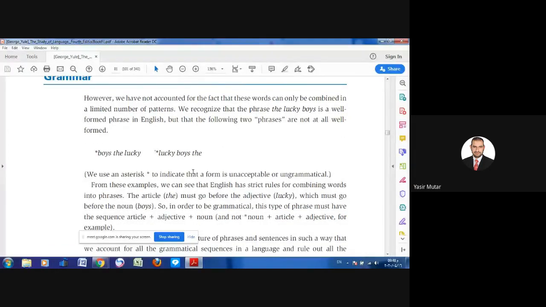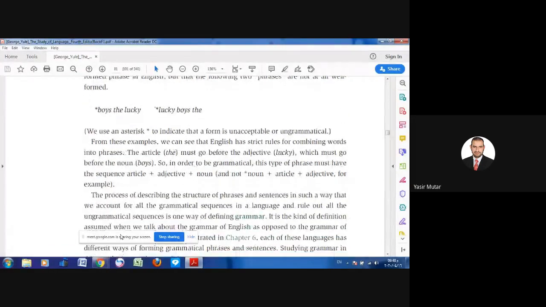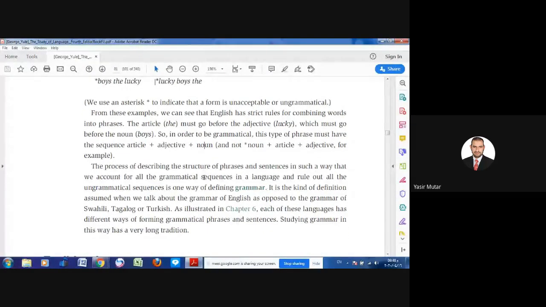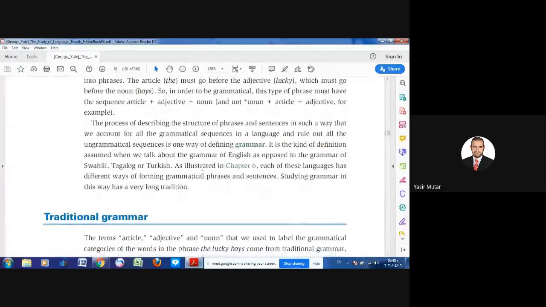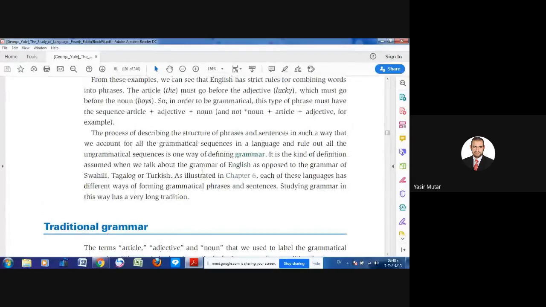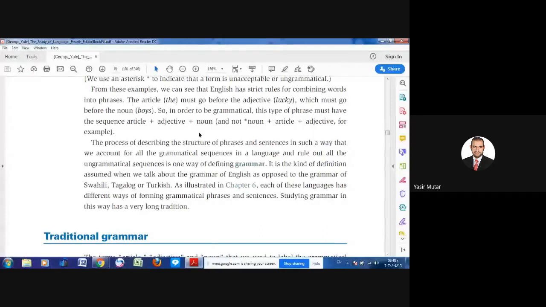We have a definition of grammar. So what's grammar? Actually, here we have a very simple definition of grammar, and it's composed of two main parts.